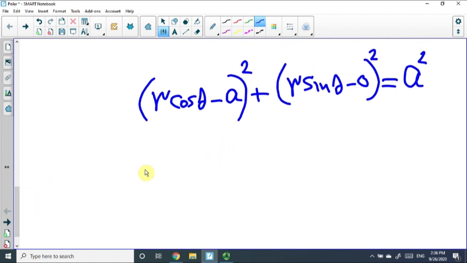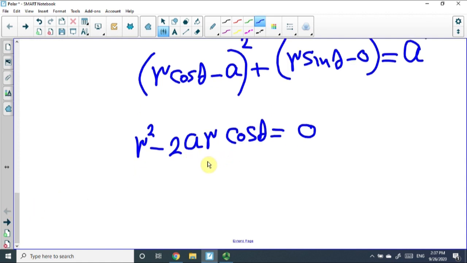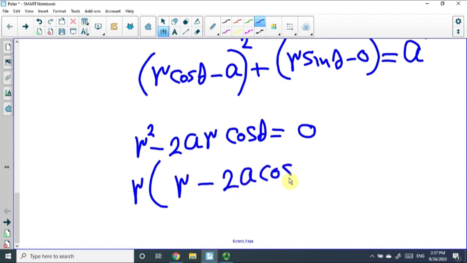You will end up with r squared minus 2a r cosine theta equal to 0. Still we did not finish, because this can be simplified further. We take r as a common factor: r times the bracket r minus 2a cosine theta equals 0.